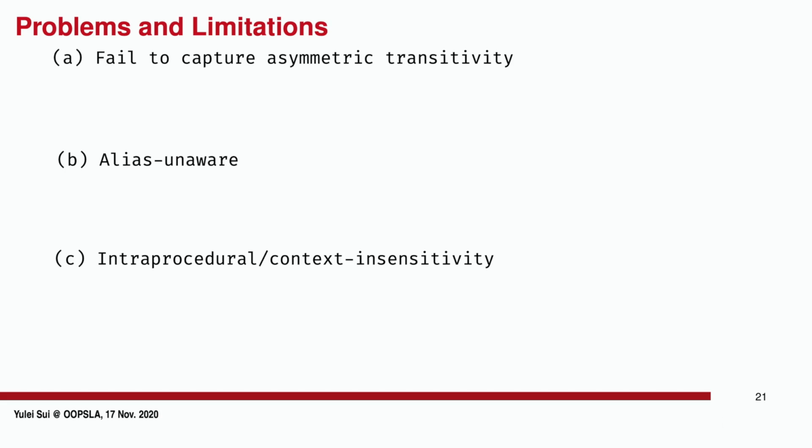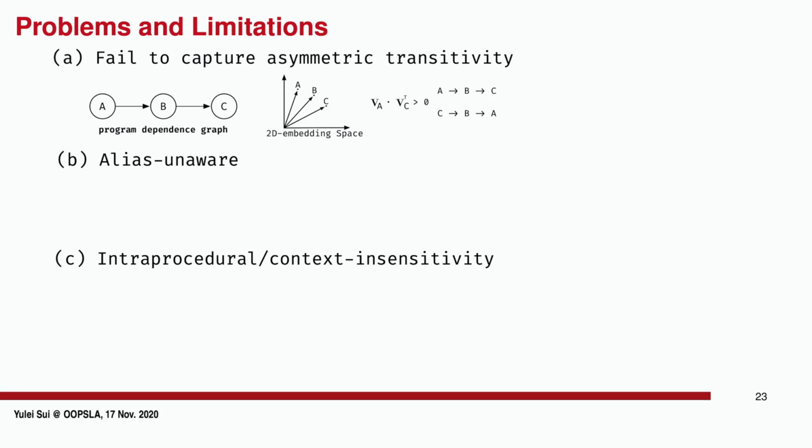Typical graph embedding techniques work on an undirected graph. Applying these techniques may fail to capture long-range asymmetric transitivity on a directed graph, such as a program dependence graph. For example, here is a transitive relation from A to C on the program dependence graph.